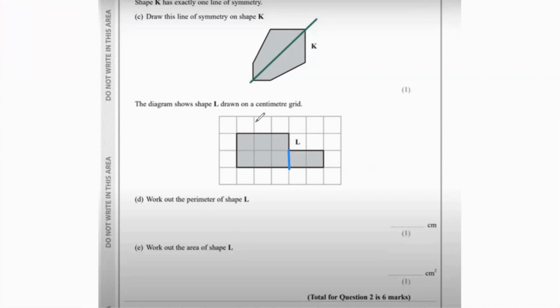This rectangle has dimensions of 3 and 2, and this one has 1 and 2. So area is going to be 2 times 3, which is the area of this part, plus the area of this part, which is 1 times 2. That's 6 plus 2, and that's 8 centimeters squared. That's the answer.